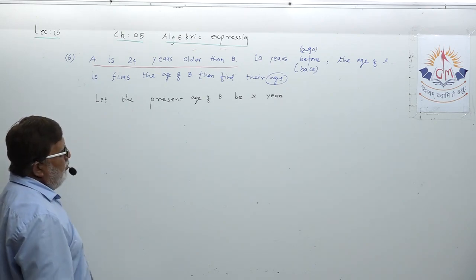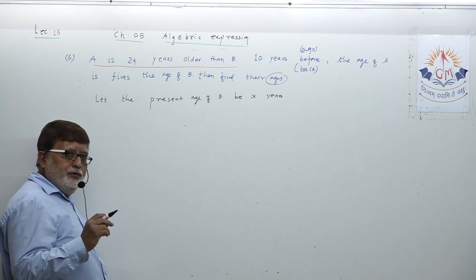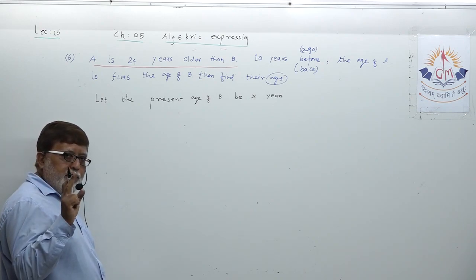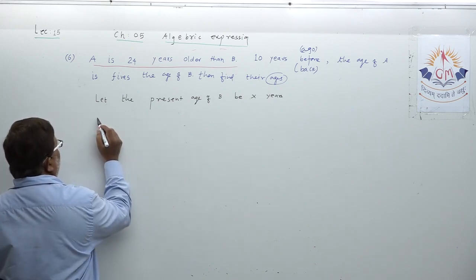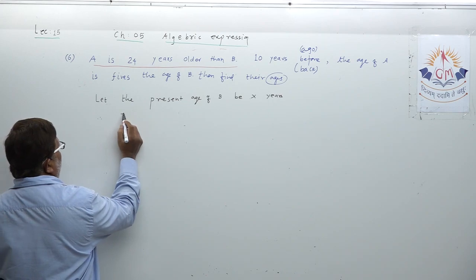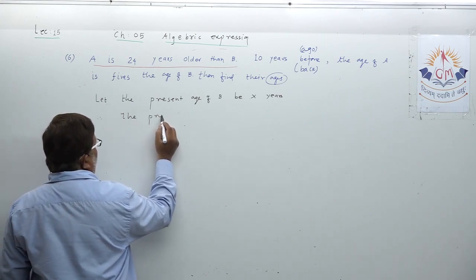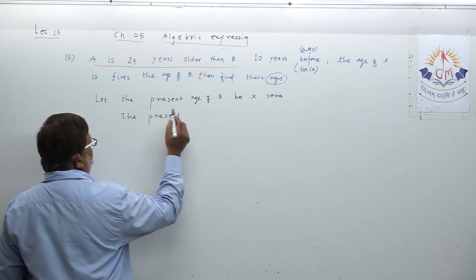Let the present age of B be x years. We have supposed the present age of B as x. Therefore, note down this, keep pace with me.